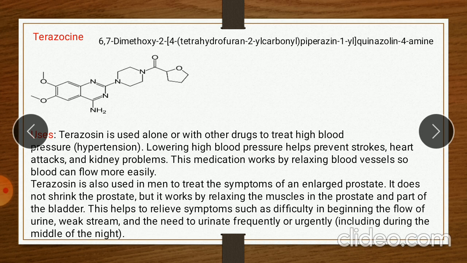This helps to relieve symptoms such as difficulty in beginning the flow of urine, weak stream, and the need to urinate frequently or urgently. So approximately the same use as the previous drug prazosin. Apart from hypertension, it is also used for symptomatic treatment of prostate problems in which there is difficulty in urination. This drug relaxes the muscle of the bladder and helps in urination. So this is the use of terazosin.